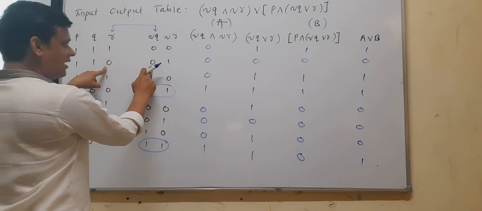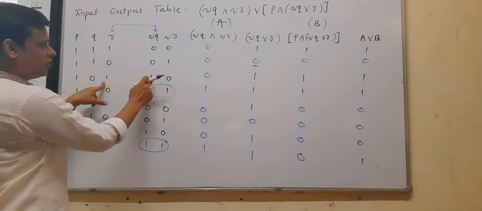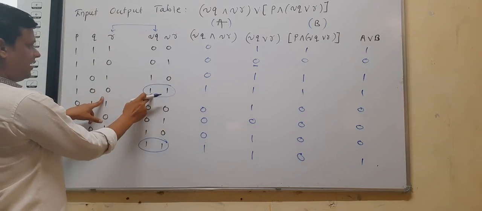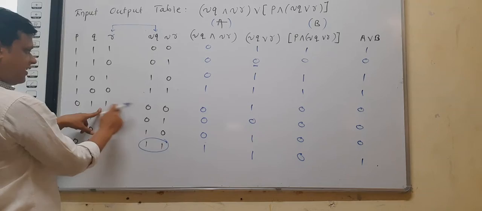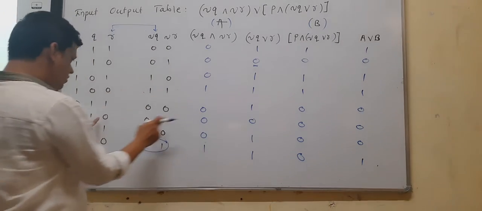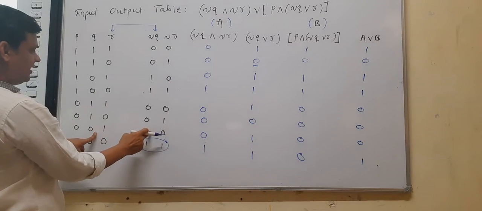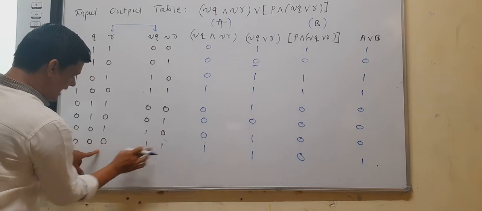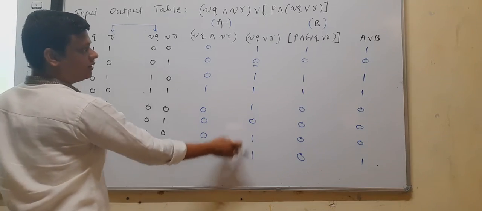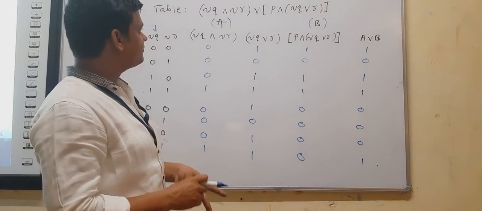Both the entries are 0, so we write 0. Then not 0, so 1; not 0, so 1; not 0, so 1. Both 0, so 0. Then not 0, so 1; not 0, so 1. These are the entries for negation Q or R.